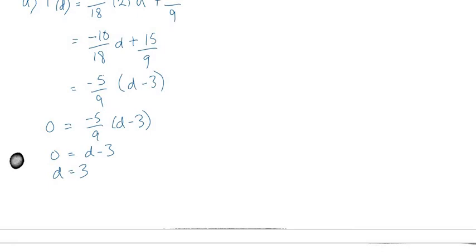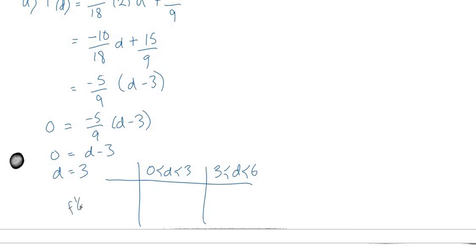So I'm going to set up our table here. We said the first region is going to be between 0 and 3. Our second region is going to be everything to the right of 3, between 3 and 6 days. So let's look at the factors for the derivative. Negative 5/9, and we have d minus 3.